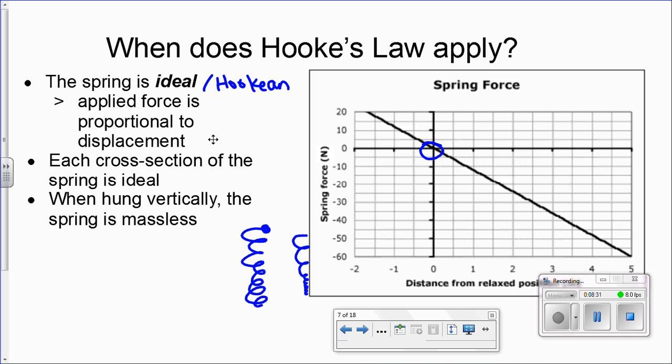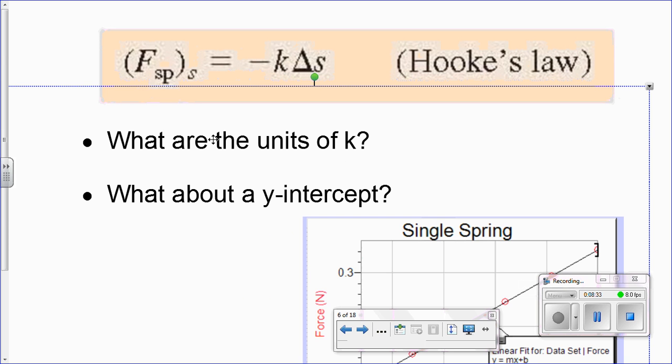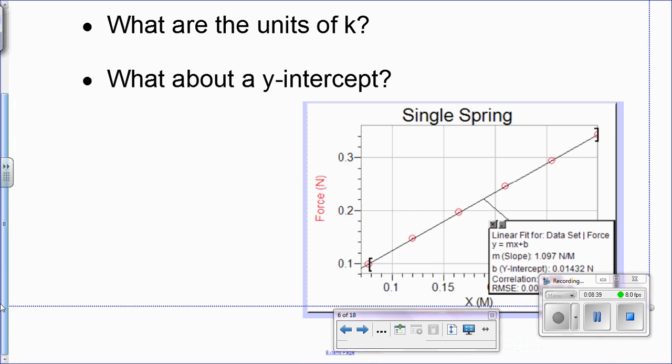Now, another purpose for that y-intercept is sometimes, especially for very tough springs, it takes a little while to get past that first stretch. And that wasn't really the case with ours. We had some pretty easy to stretch springs here, but notice this y-intercept is 0.01432 newtons. So maybe it took 0.01 newtons before this one would even start to stretch.